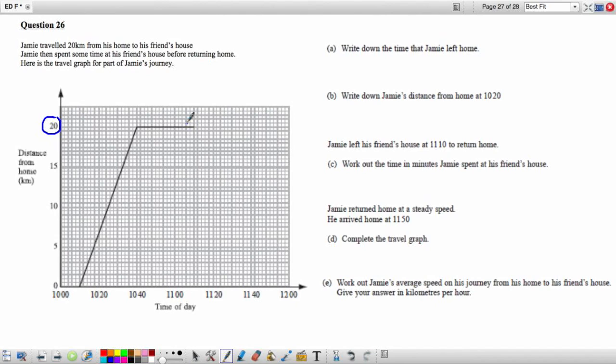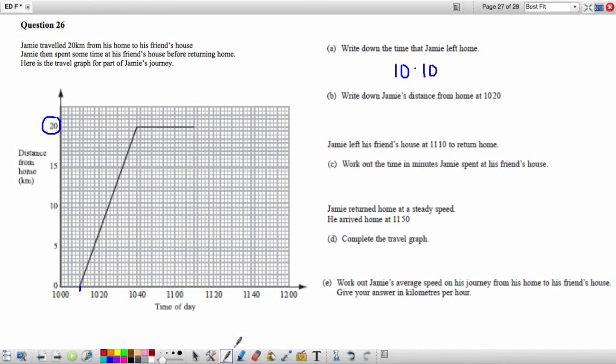We're asked to write down the time that Jamie left home. The time that Jamie left home is when the graph starts going up, and we see here he's moving away from home. So here we have 10 o'clock, here we have 10:20, halfway will be 10:10. Write down Jamie's distance from home at 10:20.